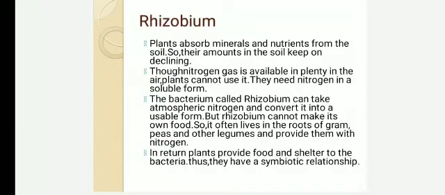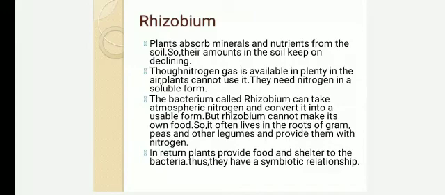They need nitrogen in a soluble form. So who is converting this nitrogen gas into soluble form? Very good. A bacterium called Rhizobium can take atmospheric nitrogen and convert it into a usable form.